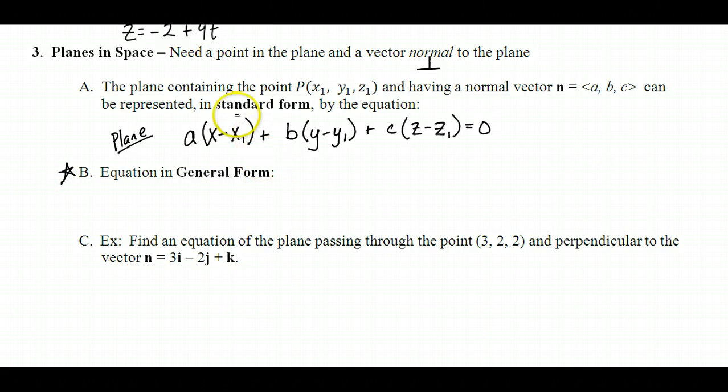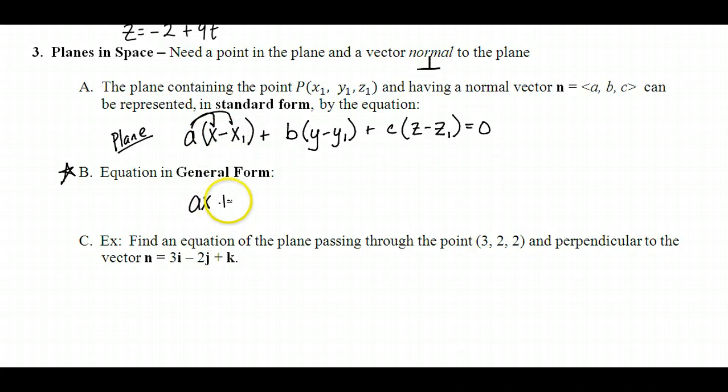And what will happen with general form is you're going to distribute your a, your b, and your c. Well, x is your variable, but remember x sub 1 is a number. So really you're going to have a times x, and then a times negative x sub 1 is just going to create a constant.